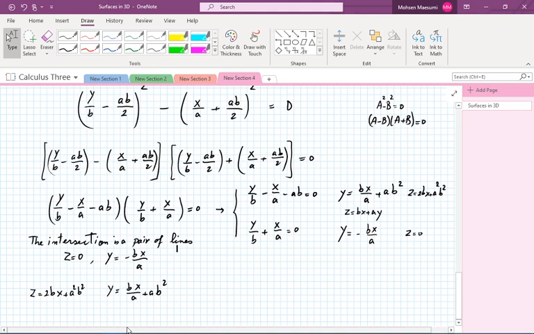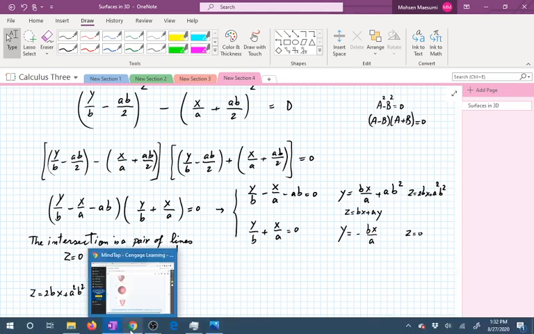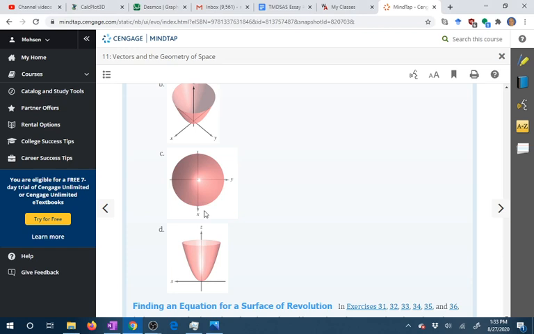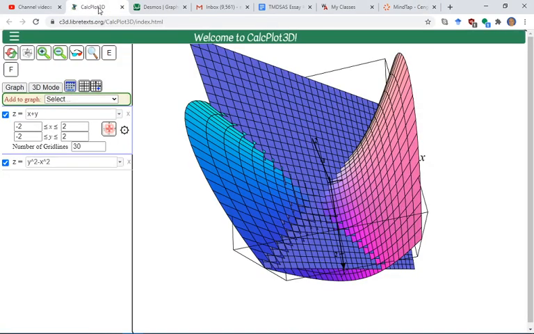Now again I want to encourage you to try your answers with that software we have been using throughout the semester, CalcPlot3D. Here I have entered an example. I took a and b to be 1 so that the picture is visible.